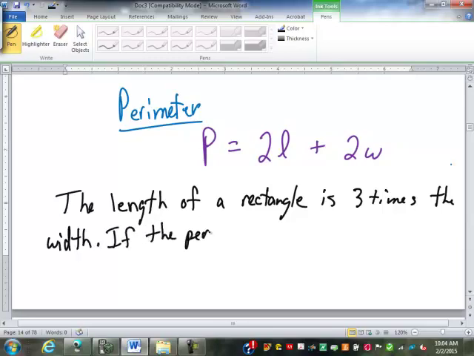If the perimeter is 176, find the length and the width.